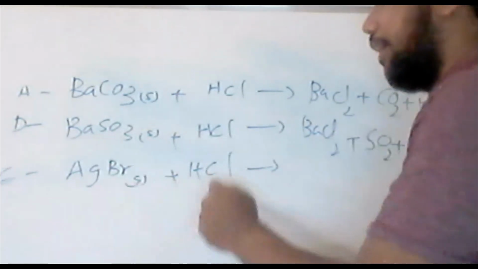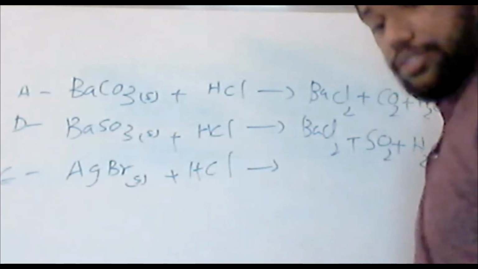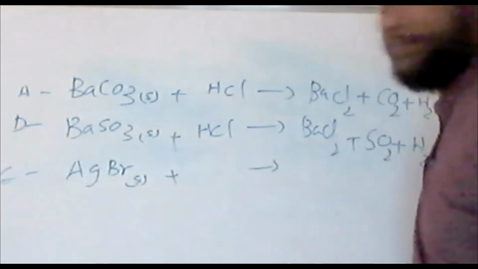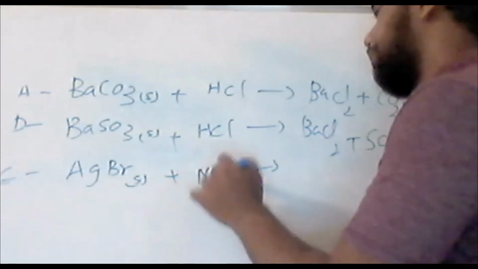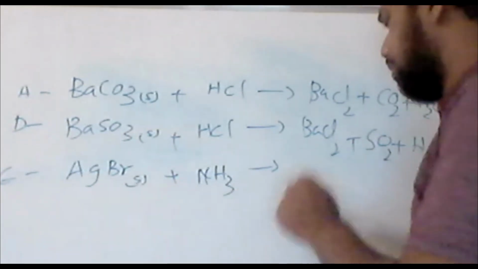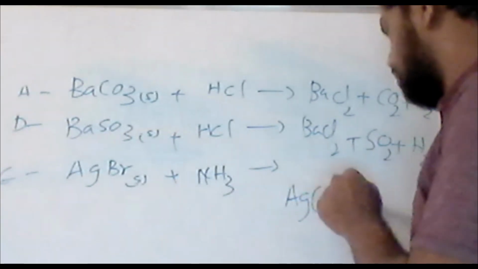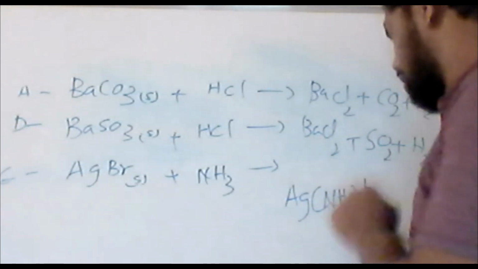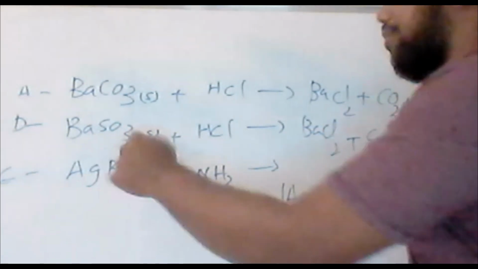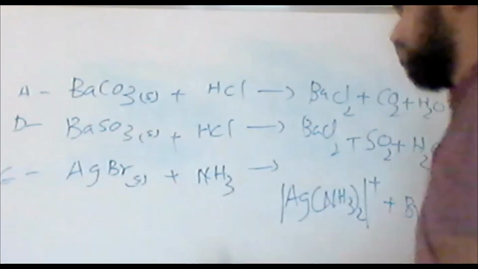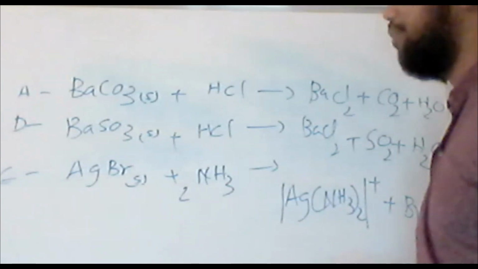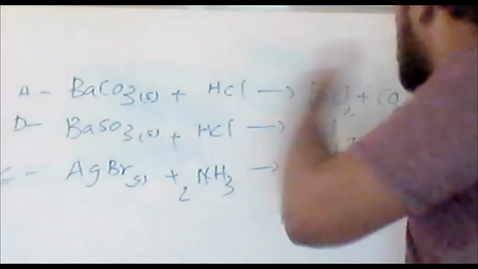And finally, AgBr does not dissolve in acid. It dissolves in ammonia. So this is going to form a complex, silver diamine complex, plus Br minus. Two ammonia are occupied and Br minus is there. You can balance all these.